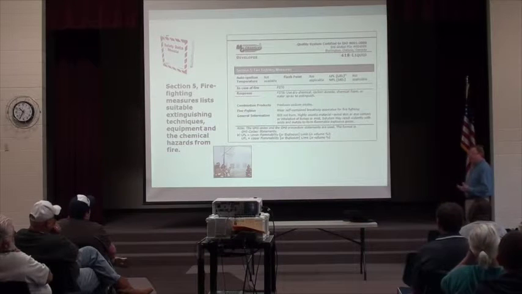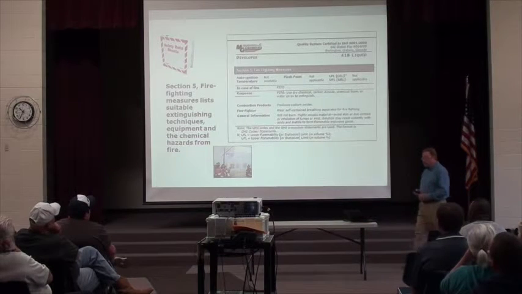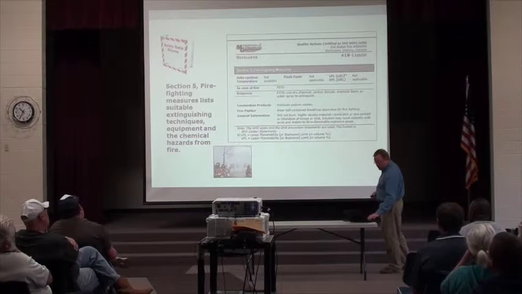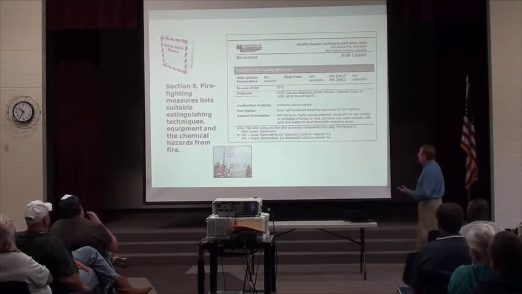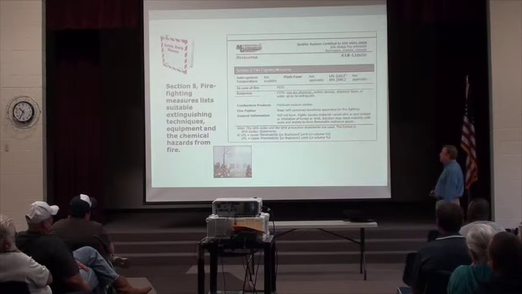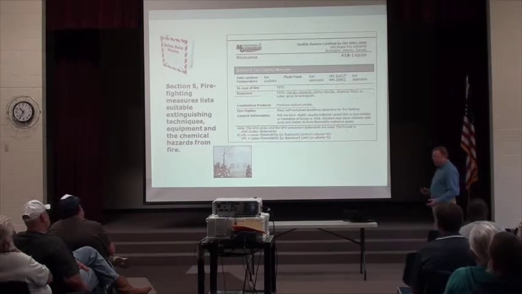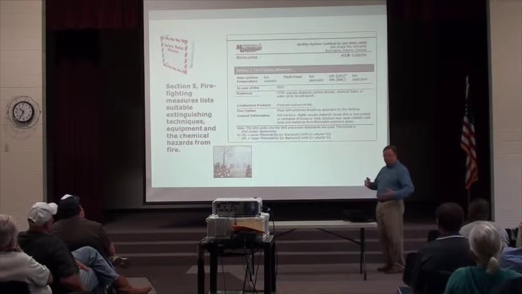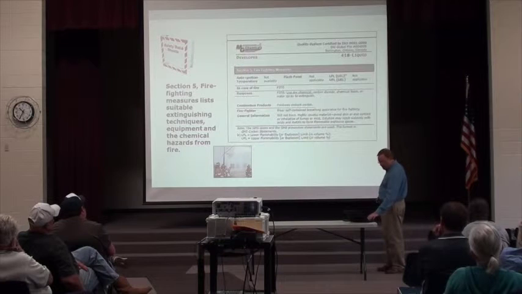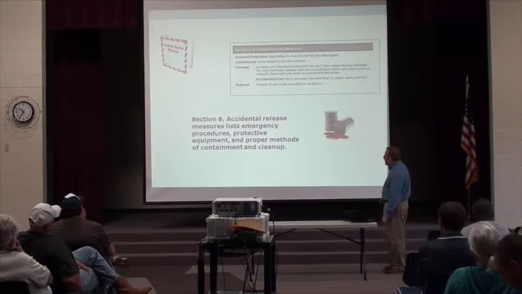They're going to know what type of extinguishing agent they need to put that fire out. They're also going to know what product dry chemical produces, and what type of firefighting equipment they need to be safely around that.